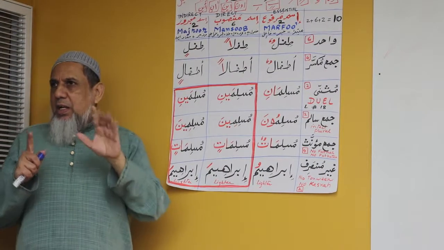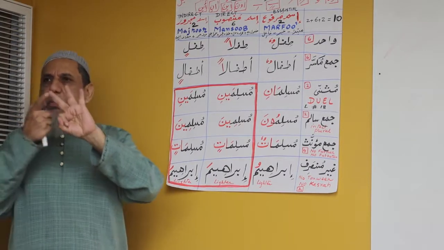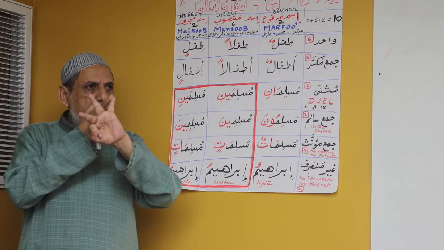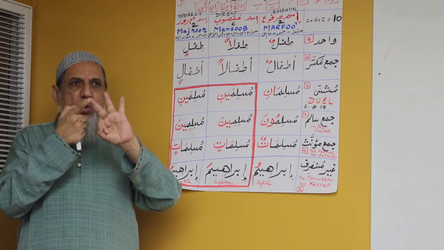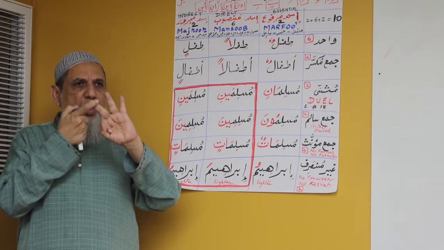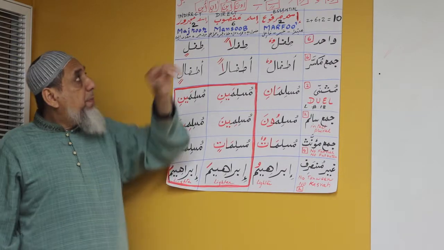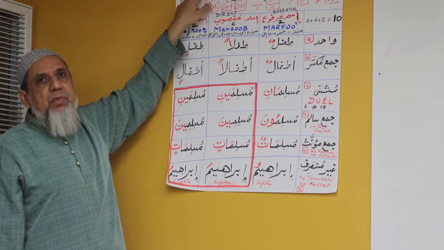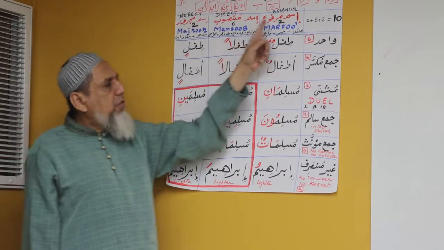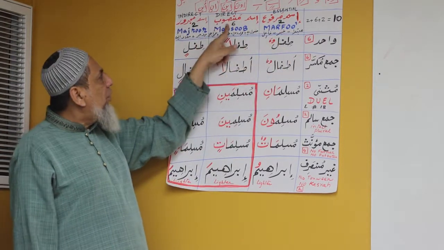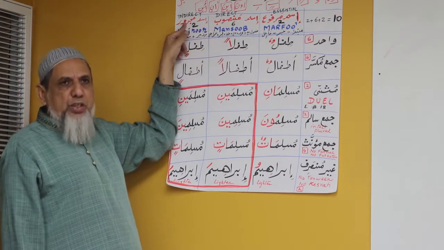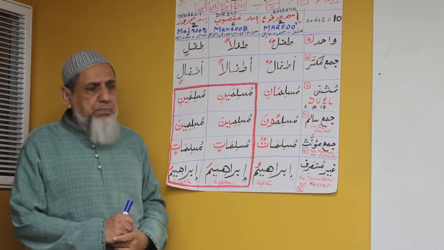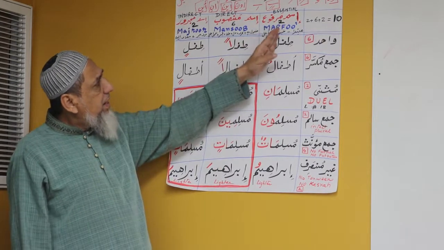Remember, we said a word can be a noun, a verb or a preposition: ism, fi'l or harf. But i'rab has to do only with nouns. A noun can be marfu', mansub or majroor.